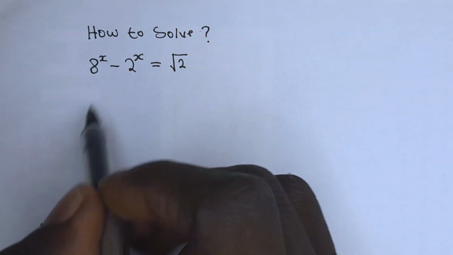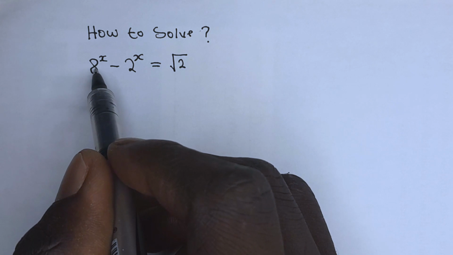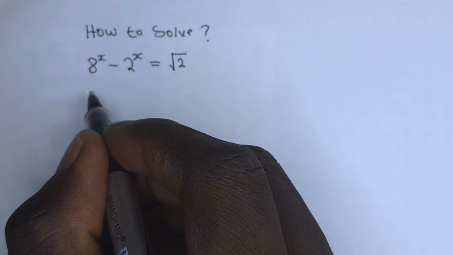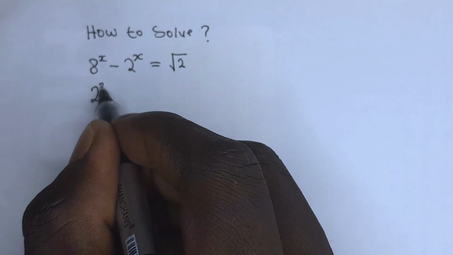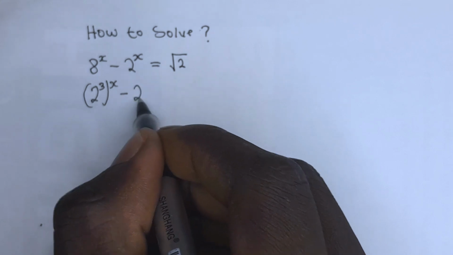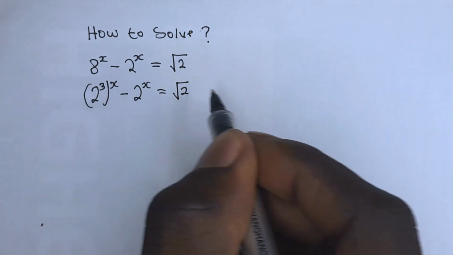So let's get started. The first step we can do here is to write 8 to the power of x at its index. That is, we have 2 to the power of 3 to the power x minus 2 to the power of x, which is equal to square root of 2.